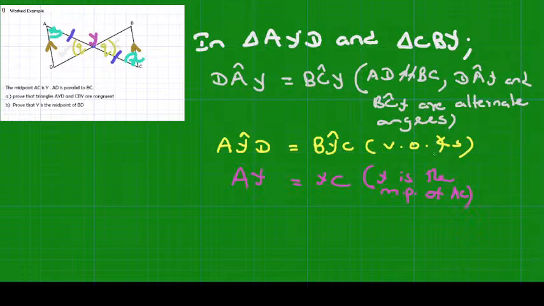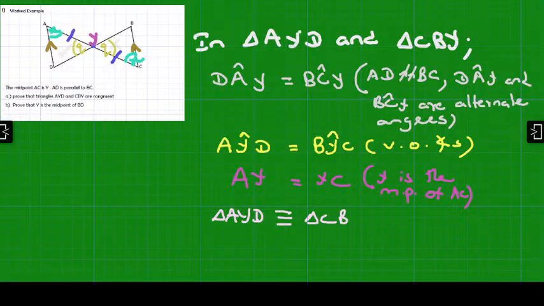So we have proven, so now just a matter of saying triangle AYD is congruent to triangle CBY under the condition of AAS. All right, that's it with question A.